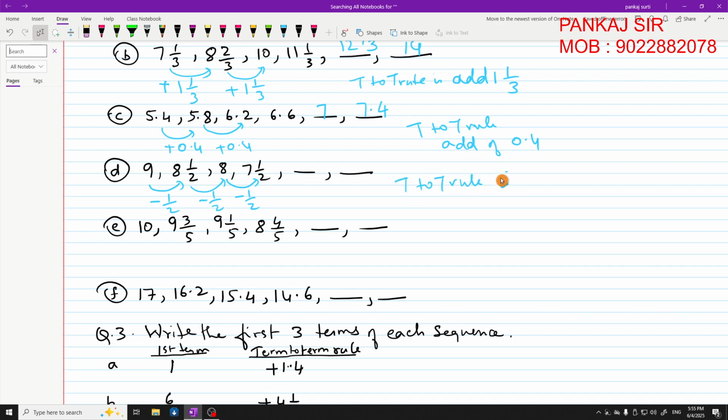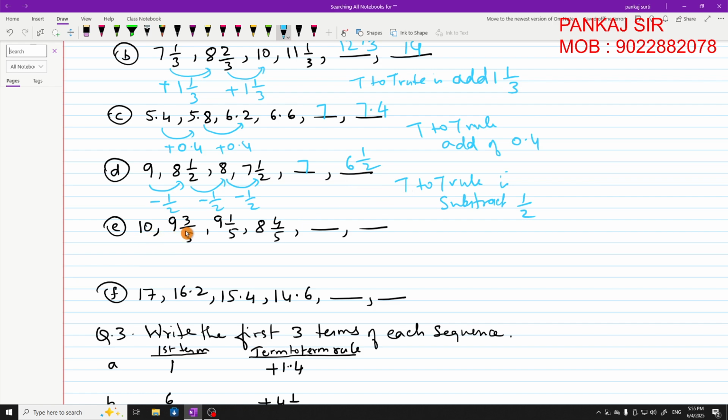The term to term rule is subtract half. Okay. Minus half means subtract half. This is term to term rule. Now the next term will be 7 and a half minus half will be 7. And next will be 7 minus half, that will be 6.5. So these blanks are completed.